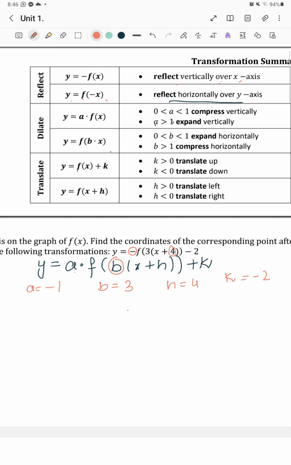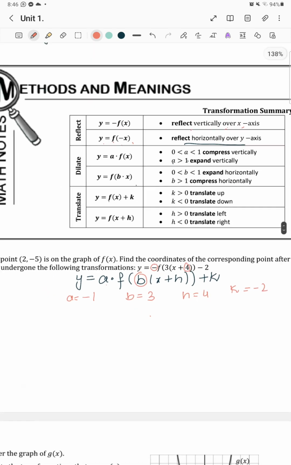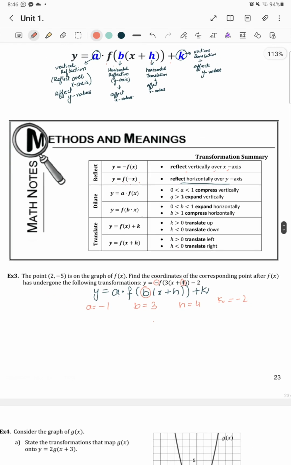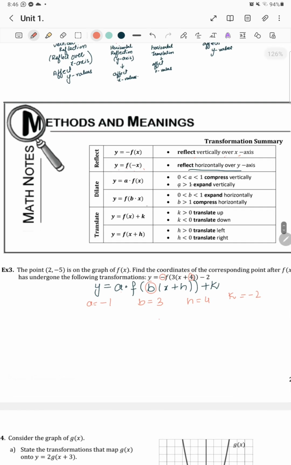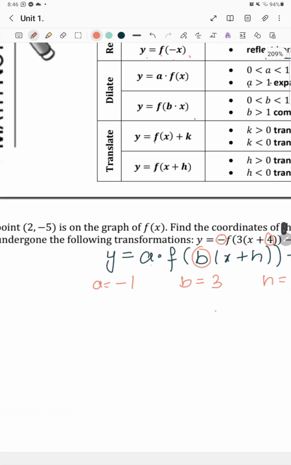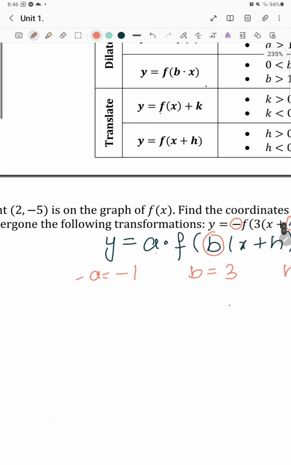Okay, so now according to the information that we just learned, A means vertical reflection. A means we need to apply vertical reflection simply.